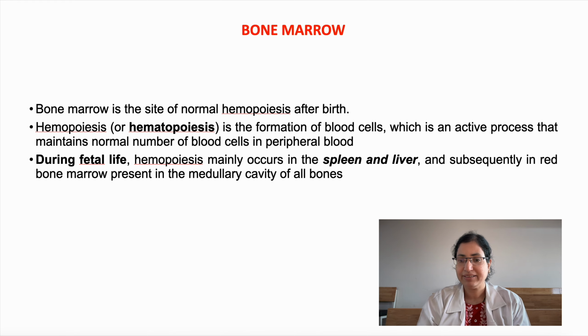So, before birth the site of hematopoiesis is different, and after birth the production of blood is in the bone marrow. During fetal life, hematopoiesis mainly occurs in the spleen and liver. This is a multiple choice question. And subsequently in red bone marrow present in the medullary cavities of all bones. So, this bone marrow is present in the cavity of the bones, the medullary cavity of the bones.